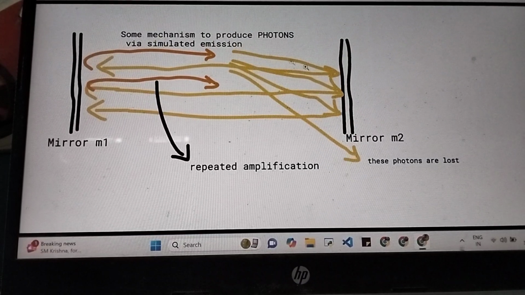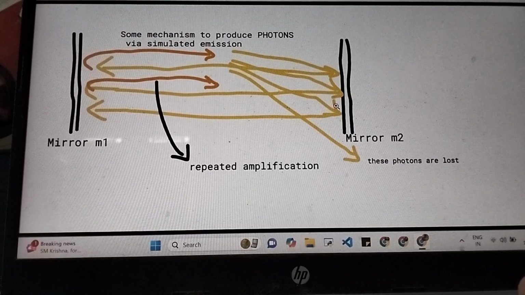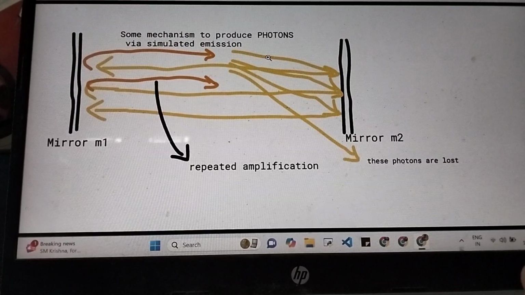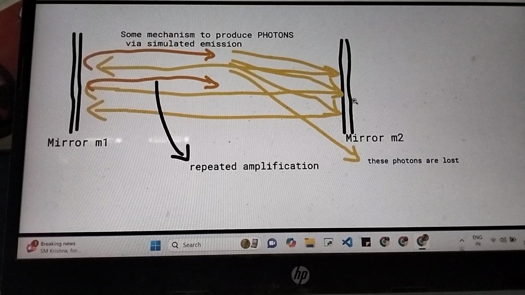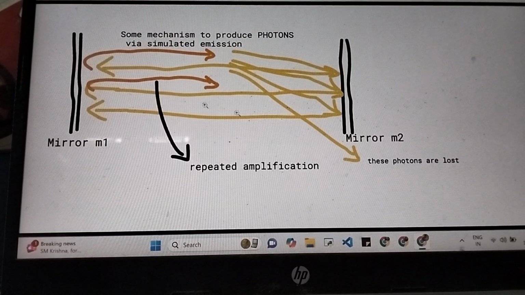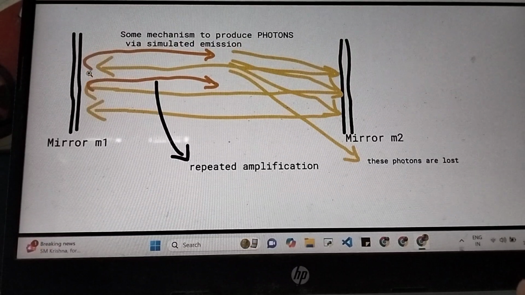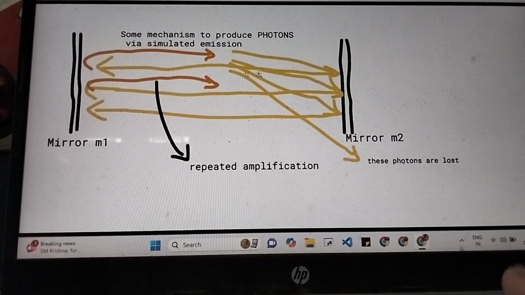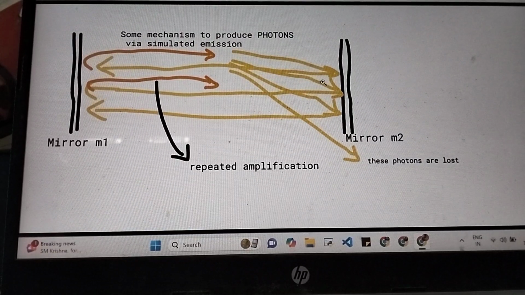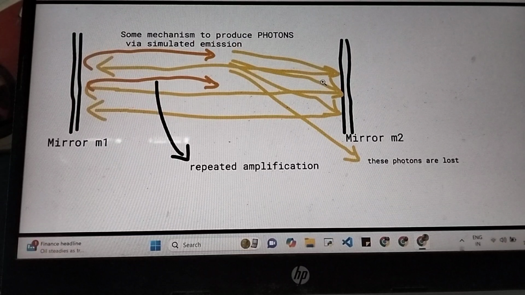We will consider the photons which are incident on either of the mirrors at any angle. The photons get reflected, they turn back and they hit the other mirror. Again from there they get reflected, they turn back, they hit M2, M1 and so on. So this repeated back and forth, hitting a mirror, getting reflected, it does 2 things.